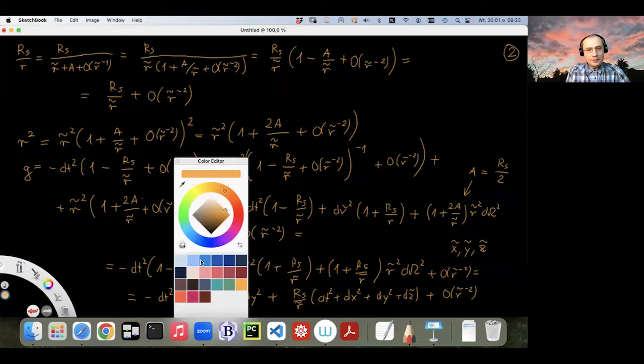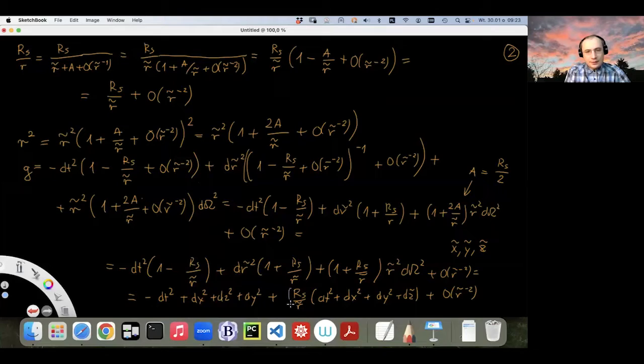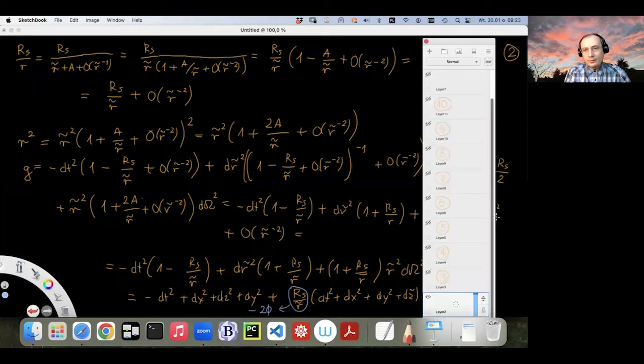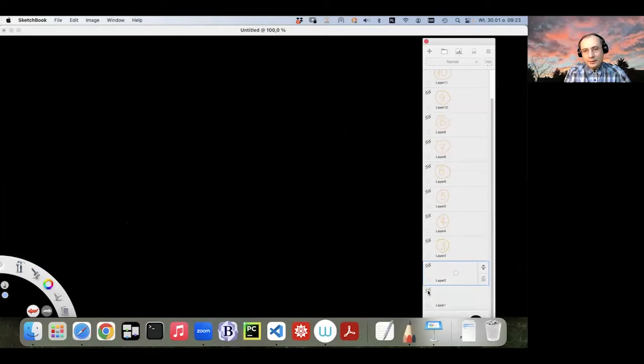And now it remains just to recognize that this thing here, we can call it minus 2 phi, the Newtonian potential. And in that case, we recover the metric exactly in the form I announced just a couple of minutes ago.